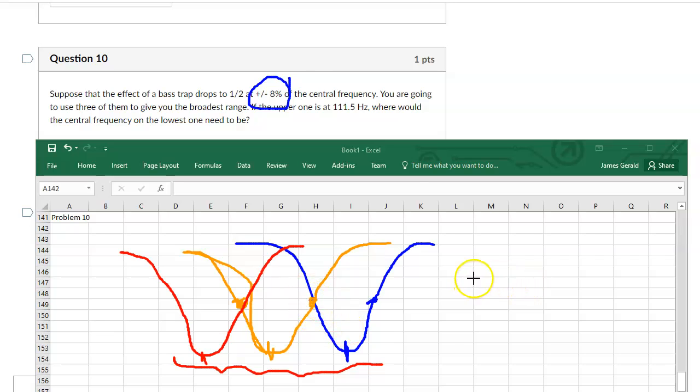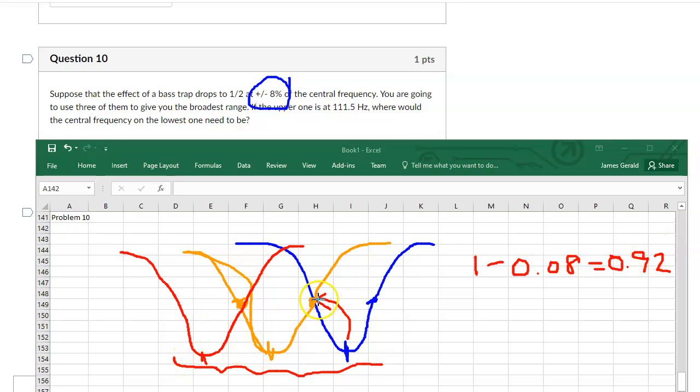That's easy, right? So 8%, 0.08, you multiply by 1 minus 0.08, right, which is 0.92. Multiply by 0.92 from here, that gets you to there.